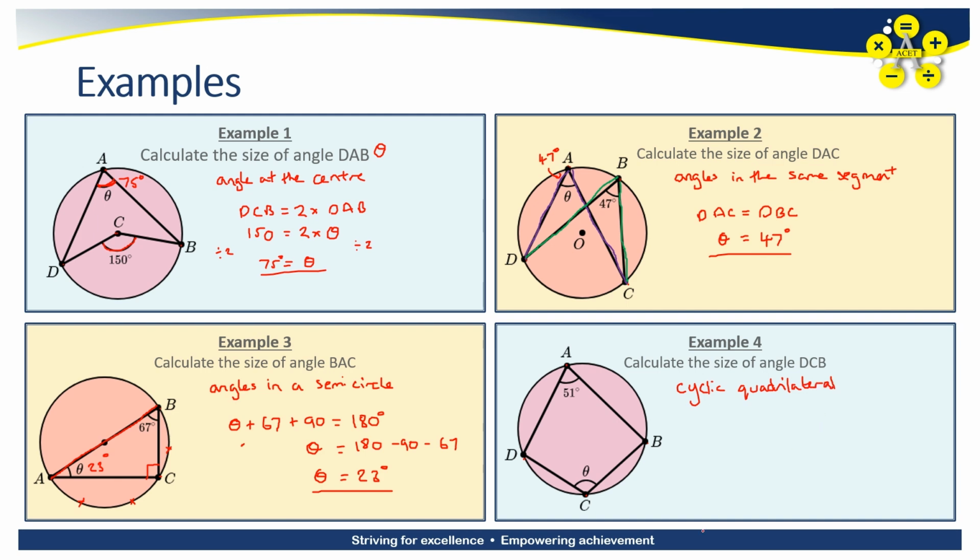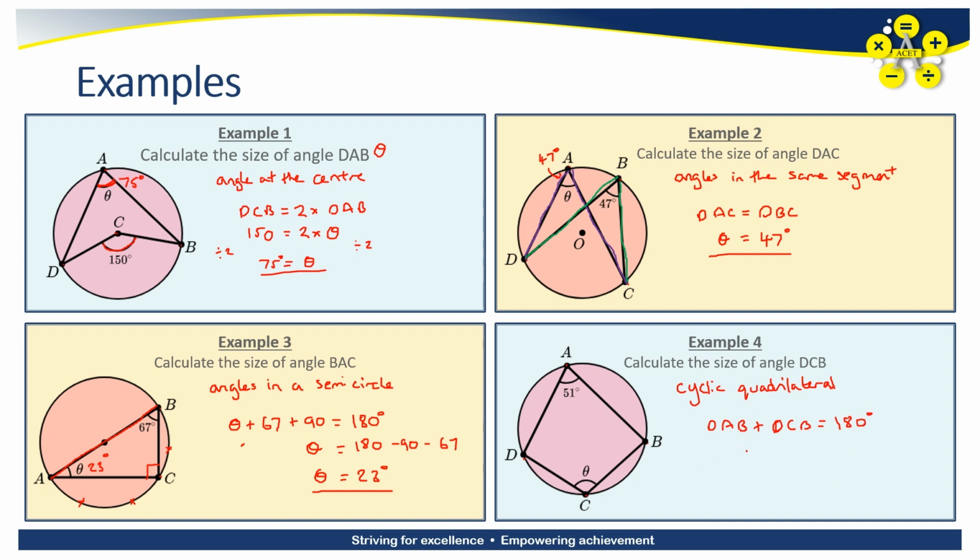Now the theorem for the cyclic quadrilaterals tells us that opposite angles within a cyclic quadrilateral add up to 180 degrees, sum to 180 degrees. What that means then, if we write it down, is that DAB plus DCB equals 180 degrees.